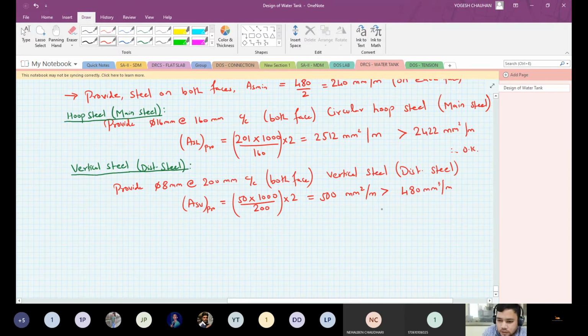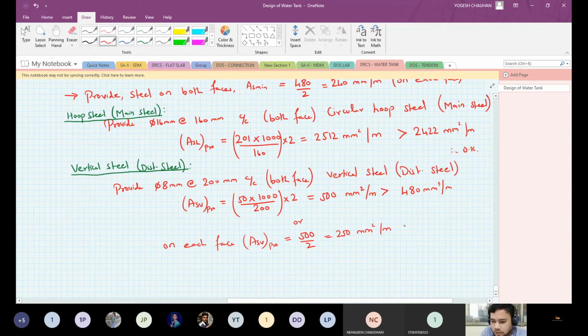Or we can say, on each face, ASV provided will be equal to 500 by 2, that is 250 mm square per meter.